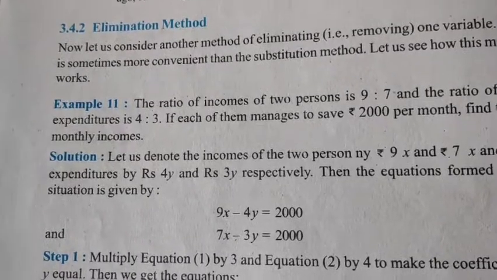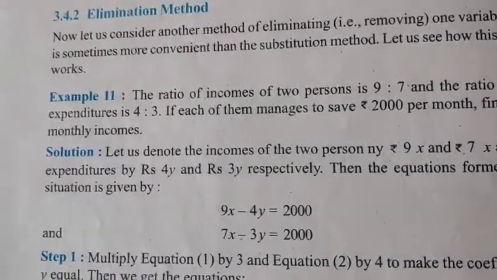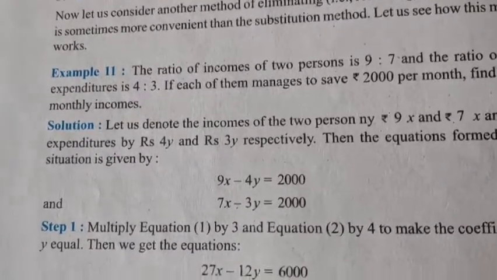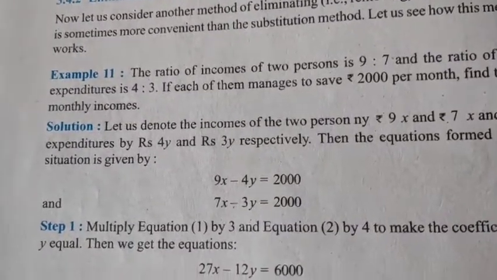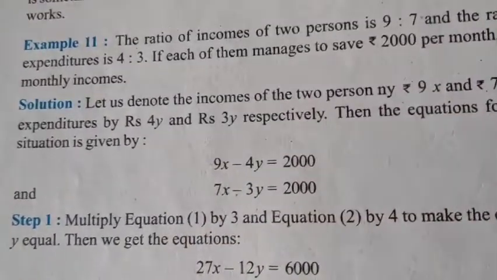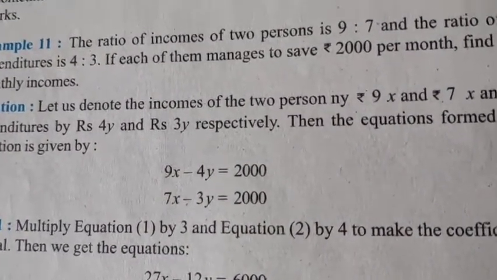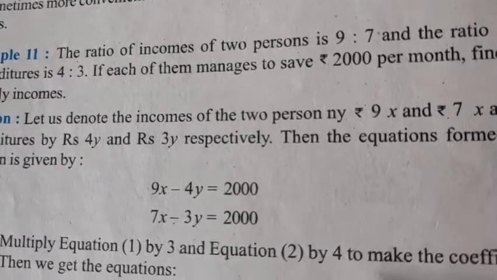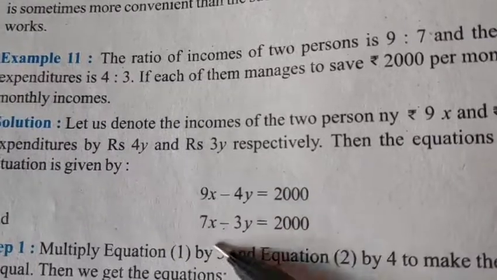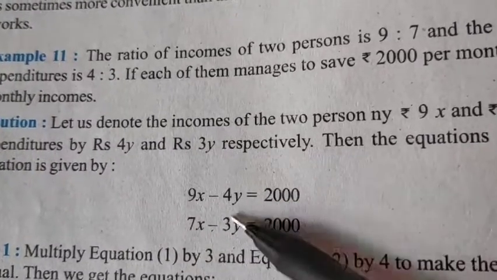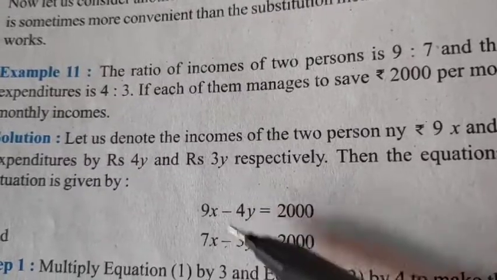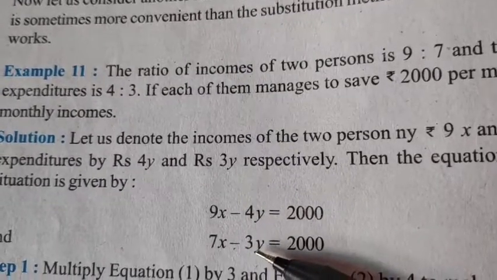For the elimination method, one thing which you have to keep in mind is both the equations should be in the same form, same format. What do you understand by same format? Suppose here you are given an equation, 9x minus 4y is 2000, 7x minus 3y is 2000. See, x and y terms are on one side and the numerical values on the other side. So both the presentations are in the same form.